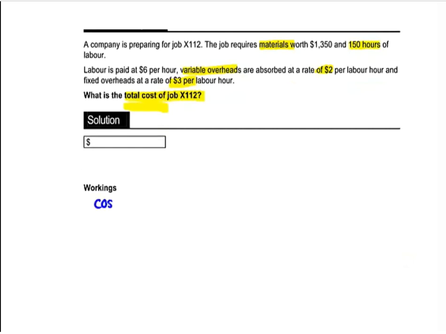So I'm going to set up my cost card here for this job X112. So we've got materials here then which are going to cost $1,350, and we've got labour at $6 per hour. So we've got labour costs of $900.